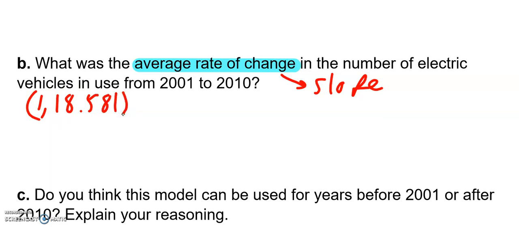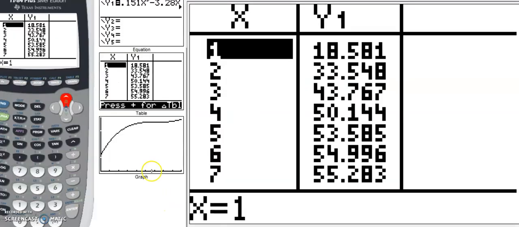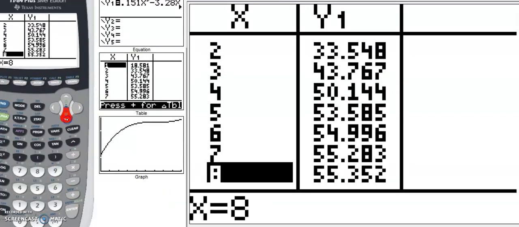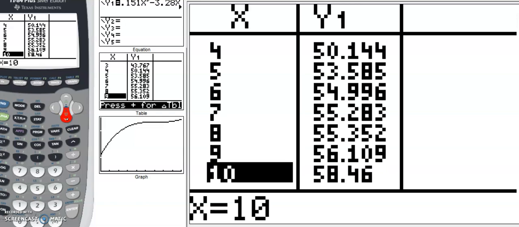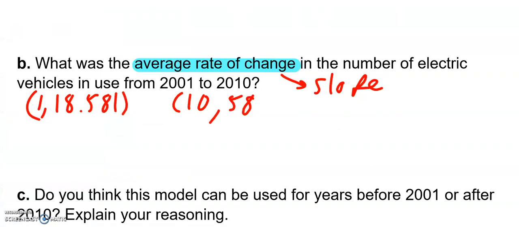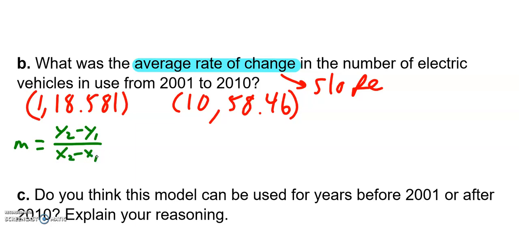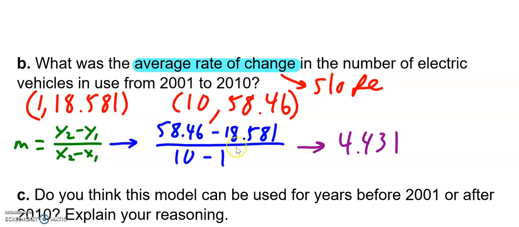And then I have another point that is going to be 10 comma, and I know it was 58 point something. Let's go back to the calculator. 58.46. And so then remember, slope is, I'm going to use m, y2 minus y1 over x2 minus x1. Then I plug my numbers in, I do my calculation, and I get 4.431.